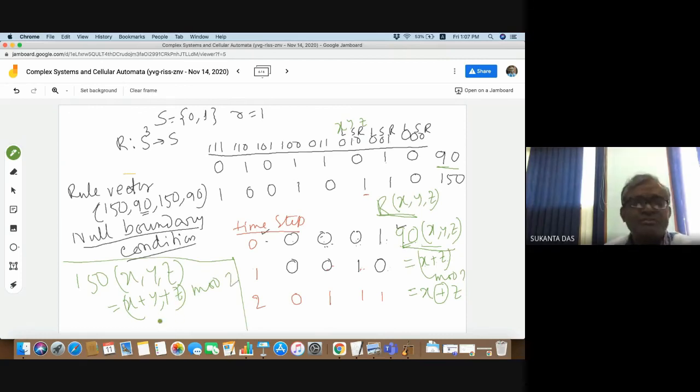So 0 plus 0 plus 0 is 0, no problem. 0 plus 0 plus 1 is 1. 0 plus 1 plus 0 is 1. 0 plus 1 plus 1 is 2, mod 2 is 0. 1 plus 0 plus 0 is 1. 1 plus 0 plus 1 is 2, so mod 2 is 0. 1 plus 1 plus 0 is 2, mod 2 is 0. 1 plus 1 plus 1 mod 2 is equal to 1. So it's rule 150. Actually it's nothing but X.